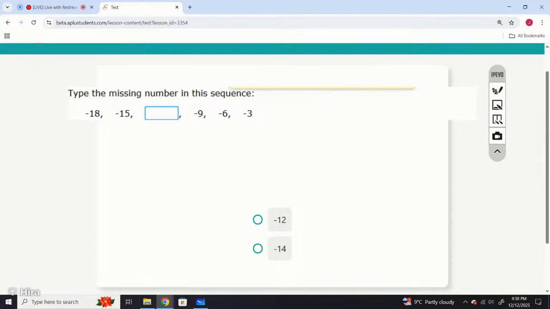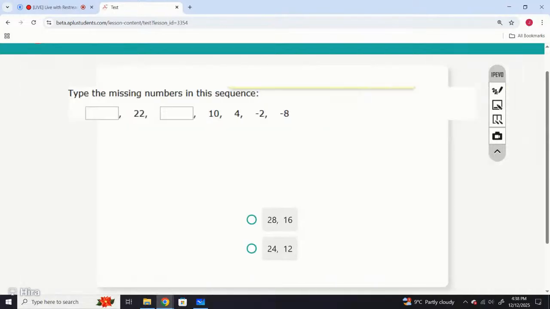Type the missing number in the sequence: negative 18, negative 15, negative 12. Type the missing number in the sequence. The pattern is decreasing by 6.